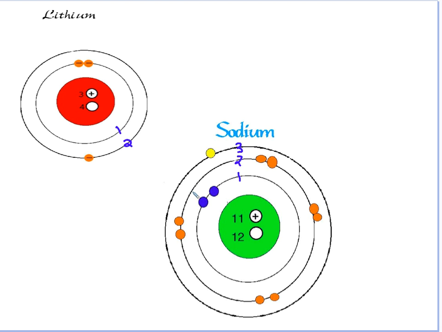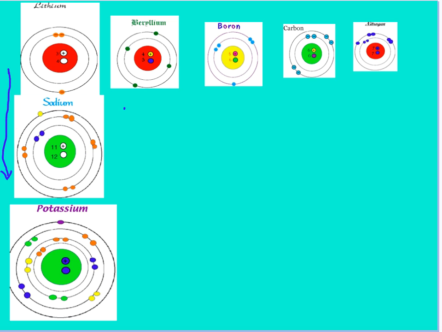So you can see going down a group, every element you go down, you're adding a whole other layer of electrons. If you go back and look at the picture I had before, look at potassium, how it has one more layer than sodium. So every element you go down, you get one more energy level of electrons, and so the atoms grow bigger.